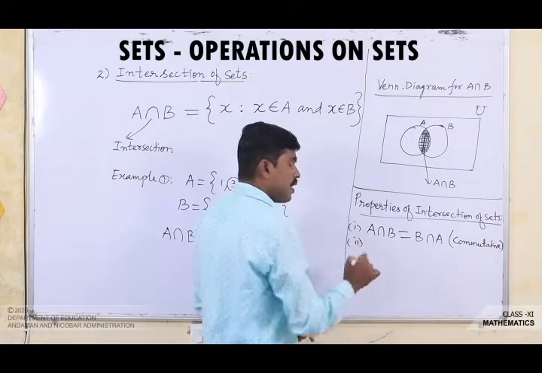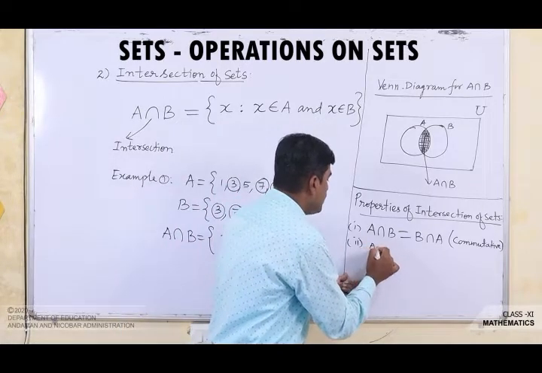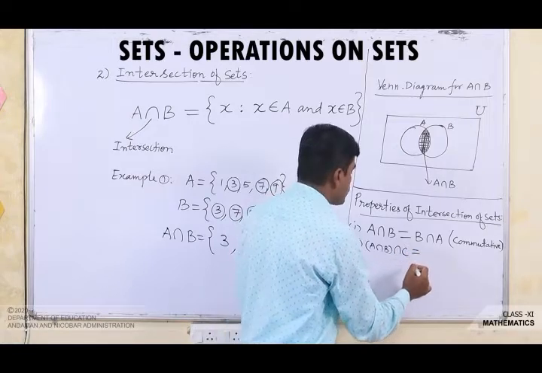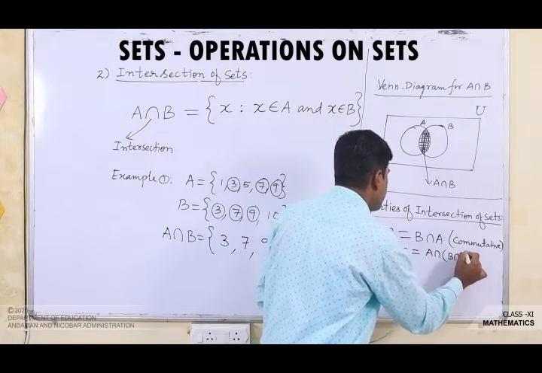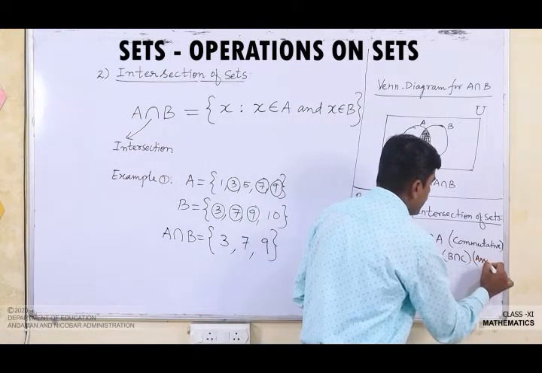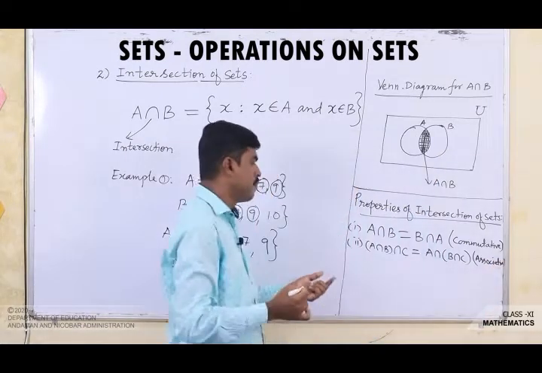Number 2: again, if we take three sets, then A intersection B intersection C is equal to A intersection B intersection C, grouped differently. This property is the associative property.